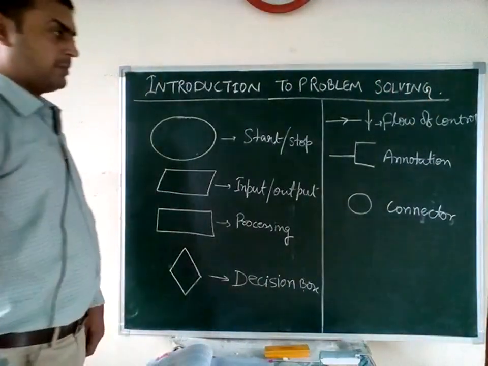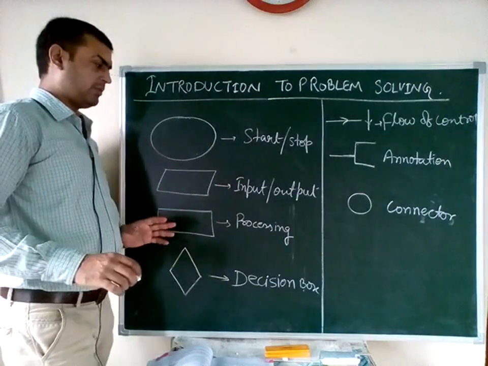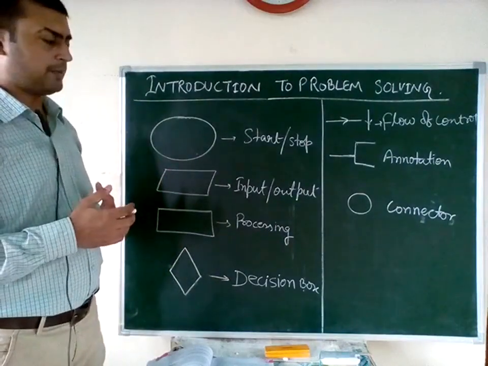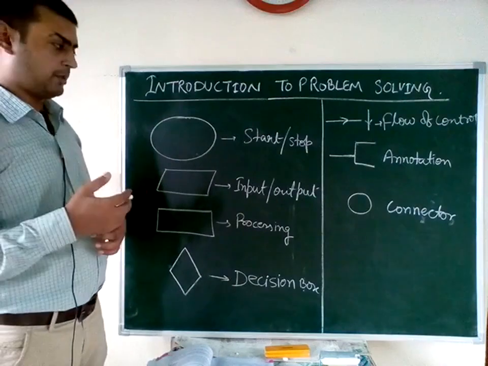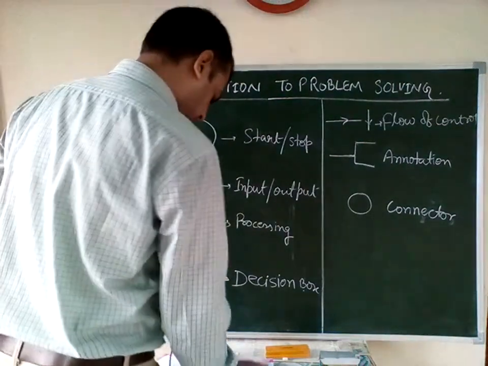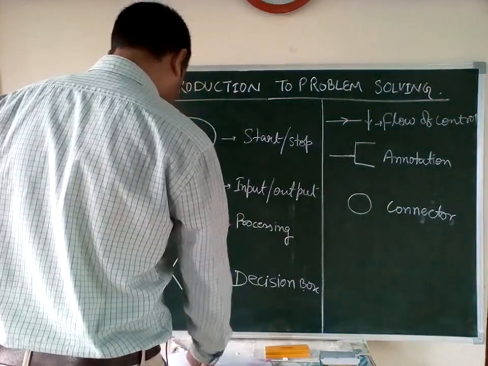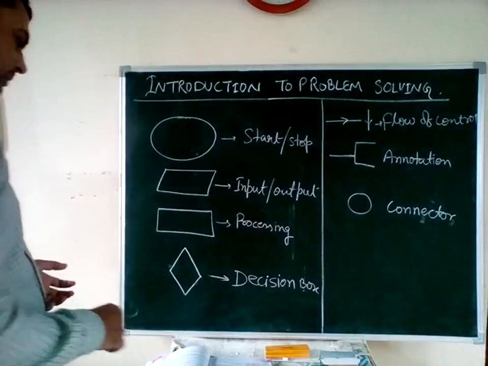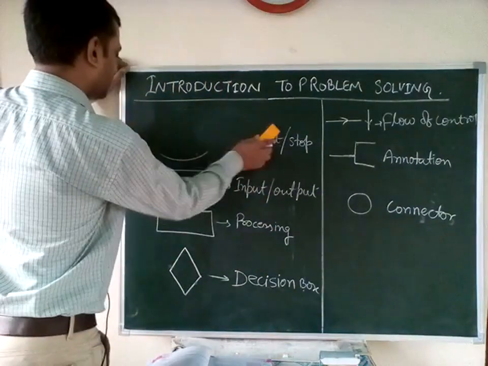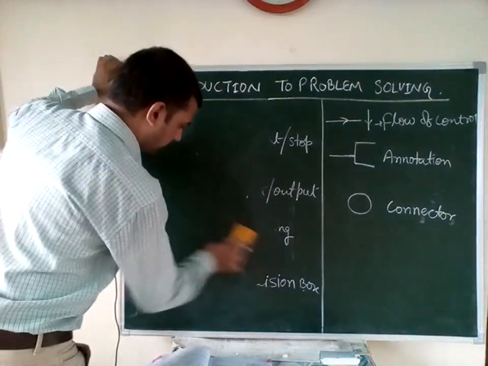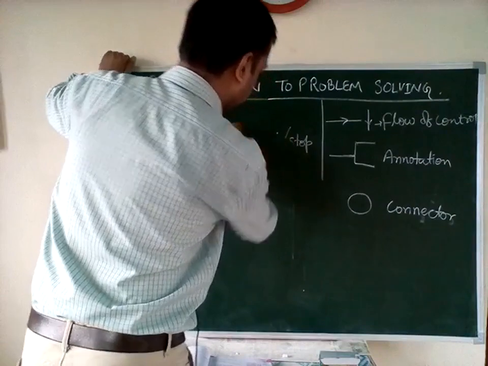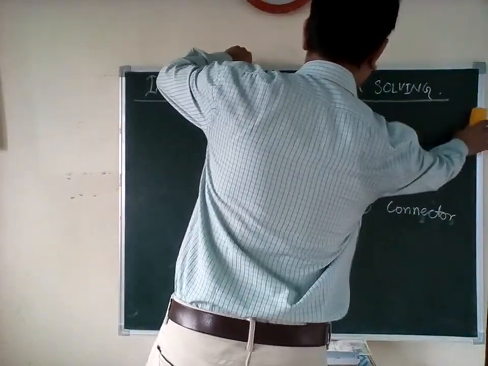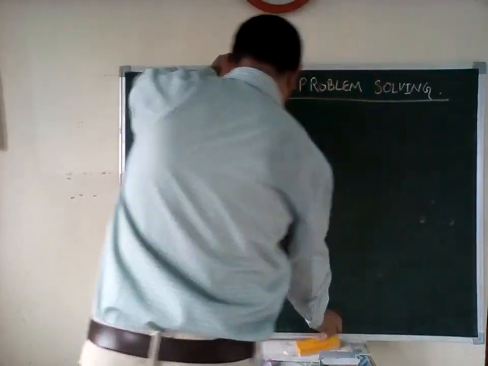So these are the symbols which we have to use while representing any problem in the graphical form. Now if we have any problem like any condition we are having, I am showing all these things with the help of small examples, and that will be more clear to you.